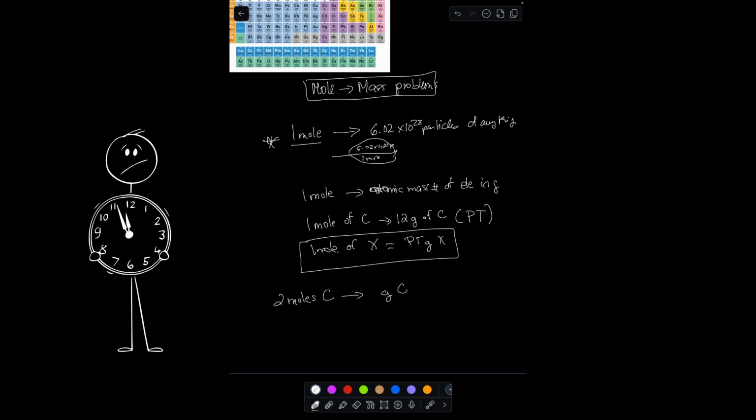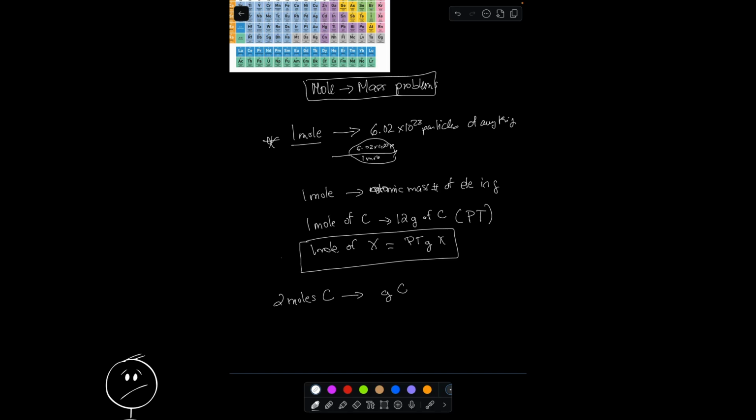Again, remember, whenever we have an equivalency, this is the same as a conversion factor, right? And what I like to do is just to put it in this manner: 1 mole of whatever compound over the grams of that compound that's on the periodic table, right?